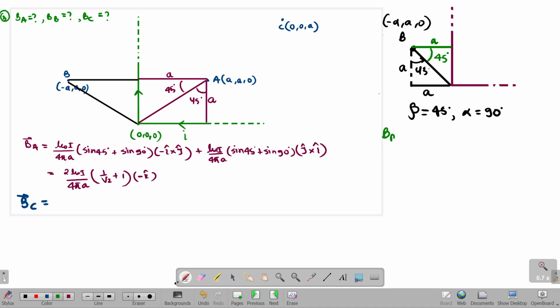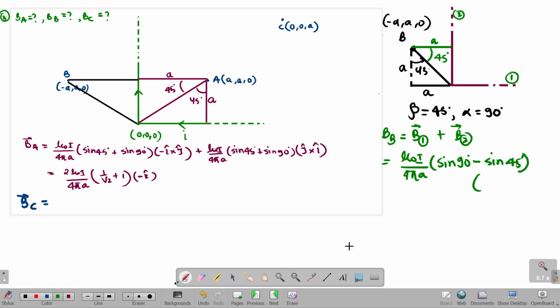So B at B is, let's suppose this is first wire and this is second wire, B due to first wire plus B due to second wire. B due to first wire is mu naught I by 4 pi A, since the perpendicular length is still A, times sine alpha, that is sine 90, minus sine beta, because it is upward direction.